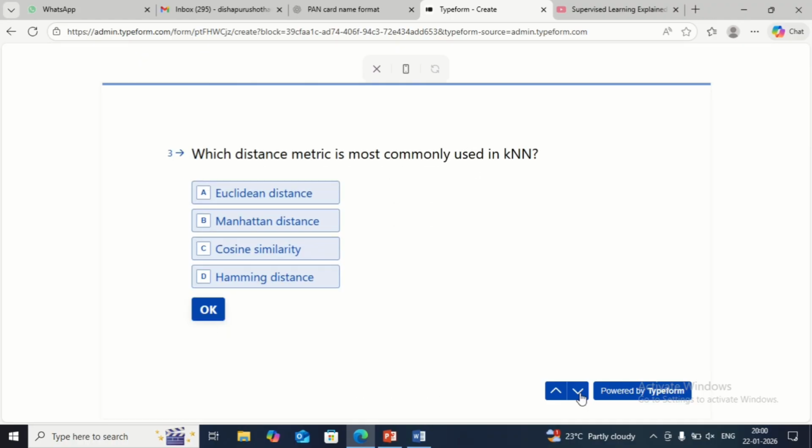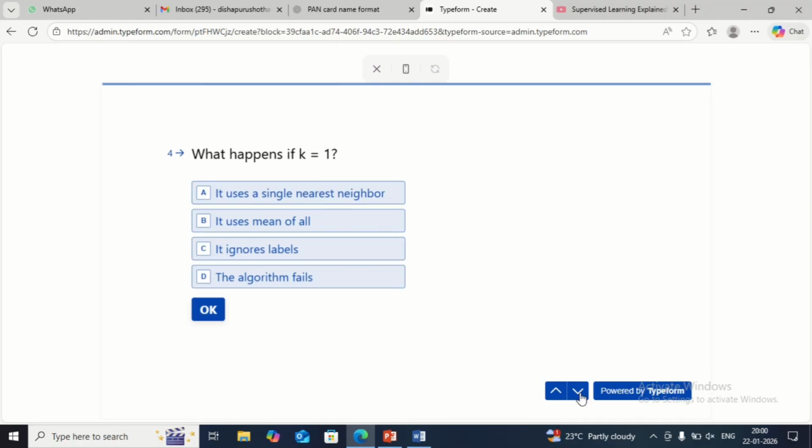Question 3. Which distance metric is most commonly used in kNN? A. Euclidean distance, B. Manhattan distance, C. Cosine similarity, D. Hamming distance. Question 4. What happens if k is equal to 1? A. It uses a single nearest neighbor.